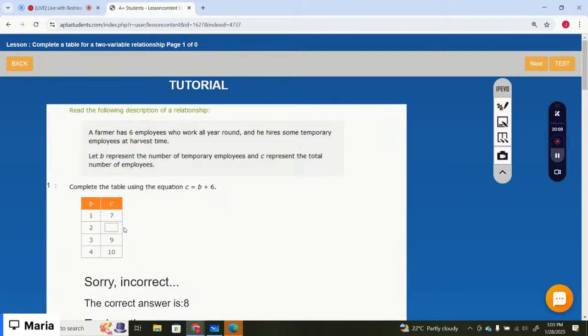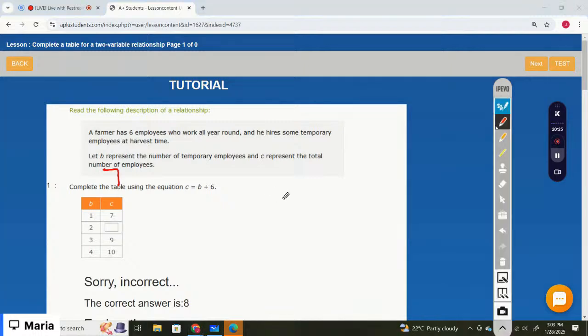Complete the table using the equation C equals B plus 6. The equation you are given is C equals B plus 6.